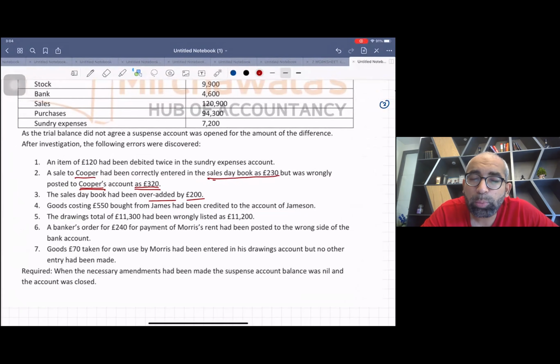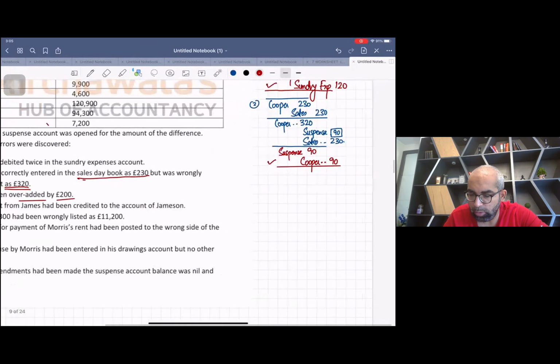And whenever you disturb one side of the entry, your trial balance is disbalanced, right? So yes, by just looking at this error, we came to know that our trial balance is disbalanced. So now we'll be making the correcting entry with the suspense account directly. Okay, so now how to make it?